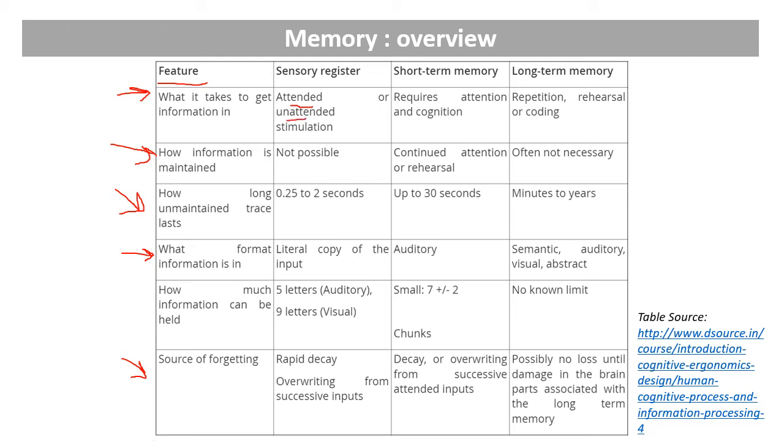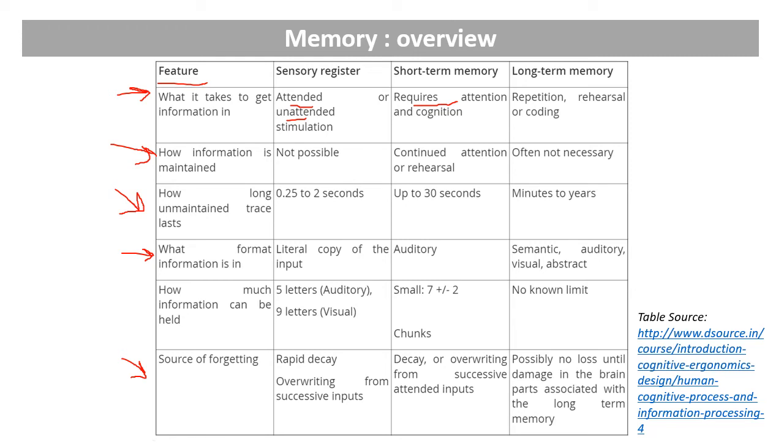A person may be unaware of a certain stimulus, but still the information is entering through his senses, and then invokes the short-term memory. So it is basically through attention and cognition, and for any information to go into the long-term memory, it requires repetition, rehearsal, or coding.